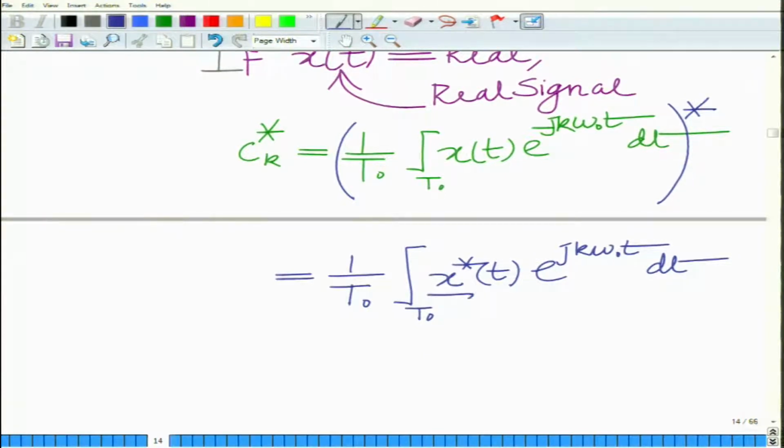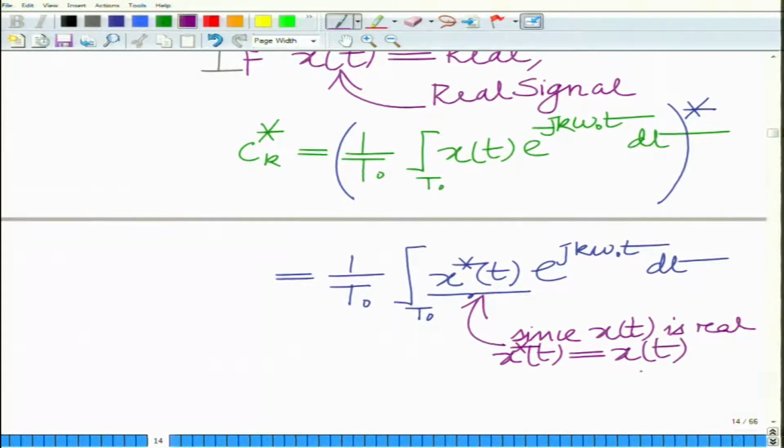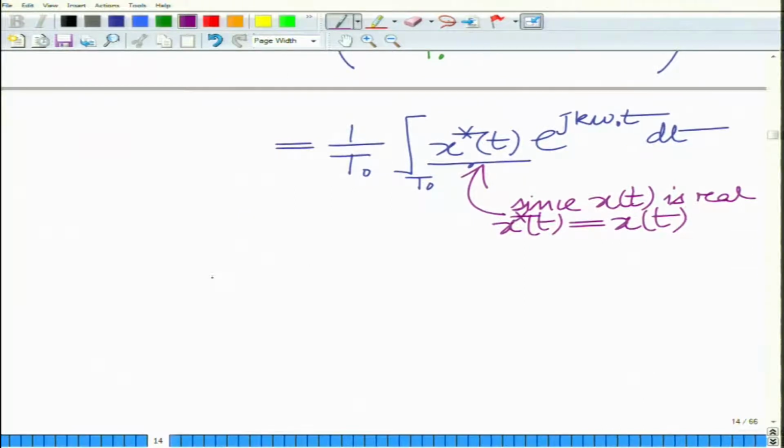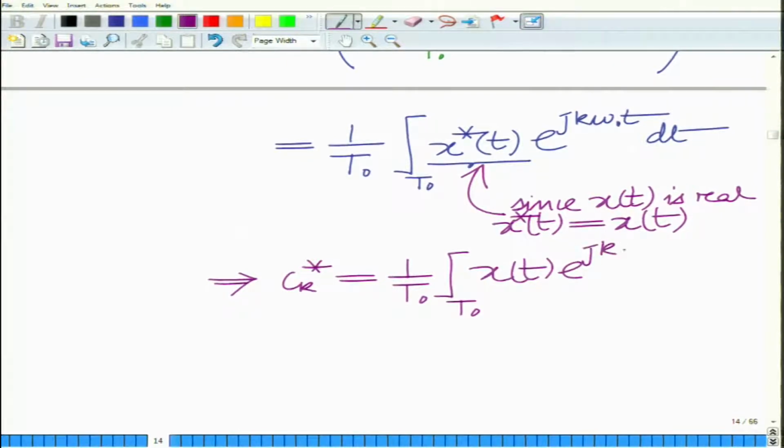Now, since x t is real, x t conjugate equals x t, which implies Ck conjugate equals 1 over T naught integral over any period T naught x t e raised to j k omega naught t dt.